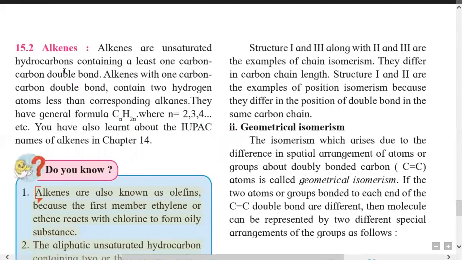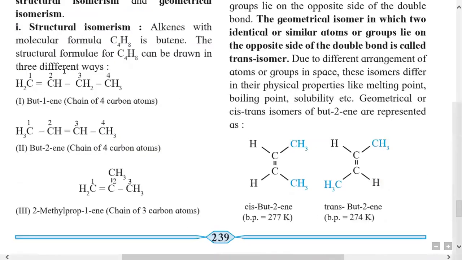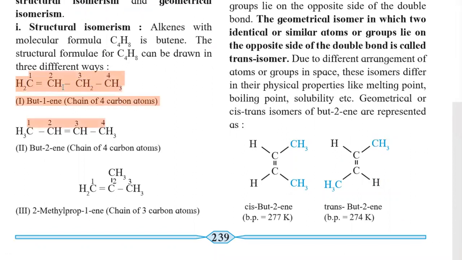In structures 1 and 3, along with 2 and 3, the examples of chain isomers, they differ in the carbon straight chain, and second and first are position isomers because the position of the double bond is different. I will explain this again. Structure 1 and structure 2 have the same type of carbon chain, a straight chain. Only the position of the double bond is different.